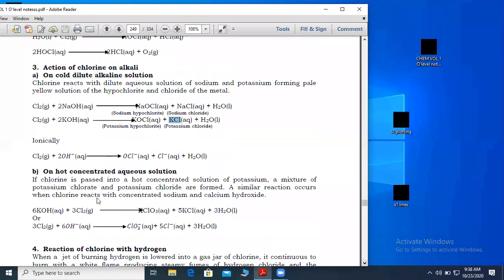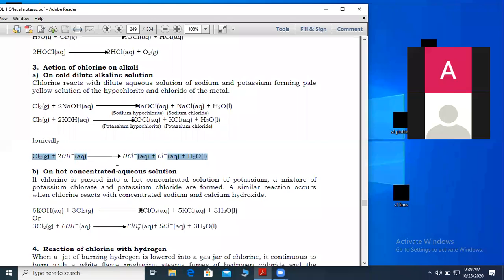The ionic equation, we shall study the ionic equations later on when we come back to school. Now, that has been cold and dilute sodium hydroxide or potassium hydroxide. When it is hot and concentrated sodium hydroxide, the products are going to change. Instead, we shall form sodium chlorate or potassium chlorate. This is potassium chlorate.